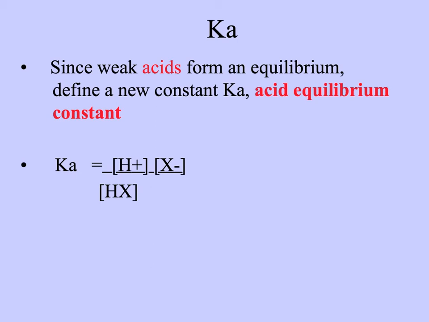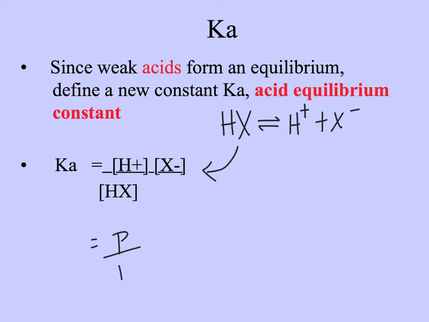If we had the reaction of HX, let's say some generic weak acid, we would use a double-headed arrow. We would still show what it looks like when it dissolves in water, separating into its ions like that. Notice that when we write out the Ka expression, the equilibrium expression, it is still products over reactants.